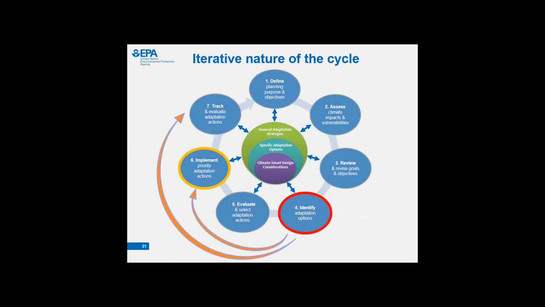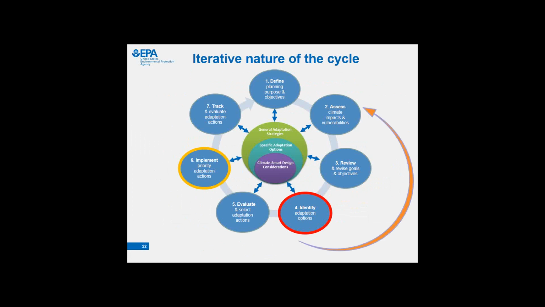Now, it works the other way as well. We can use the information on supplementary output 1, which is the information gaps and research needs, that often contains a lot of questions about climate impacts and vulnerabilities and unknowns that the person using the tool needs to know more about to really get firm and solid with some of the design considerations.